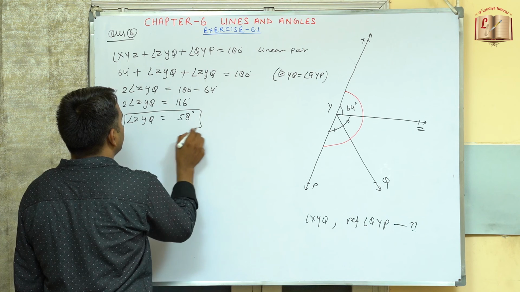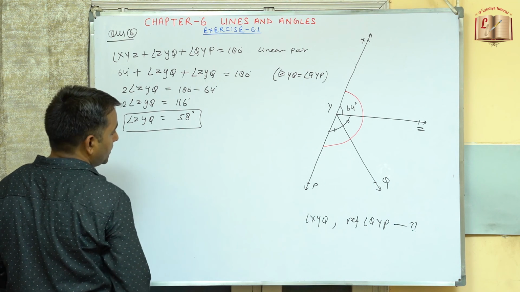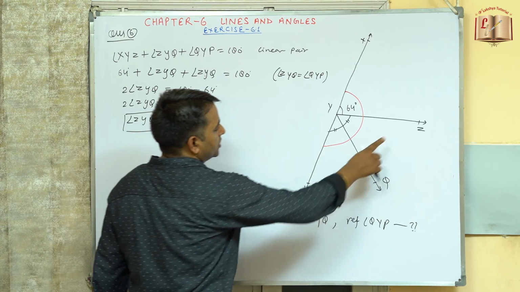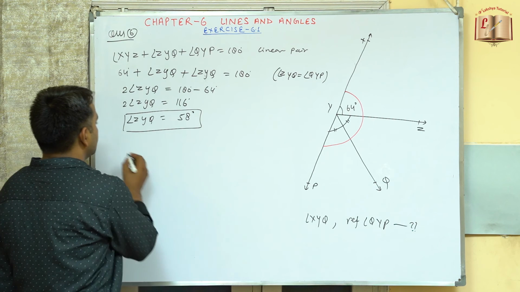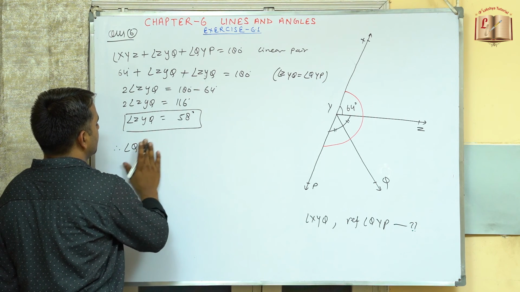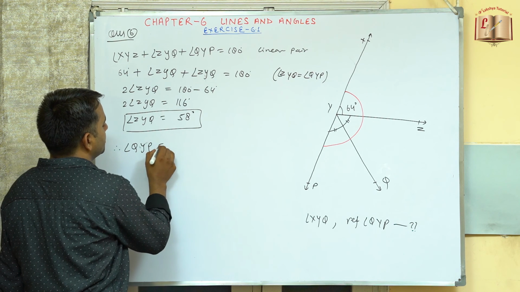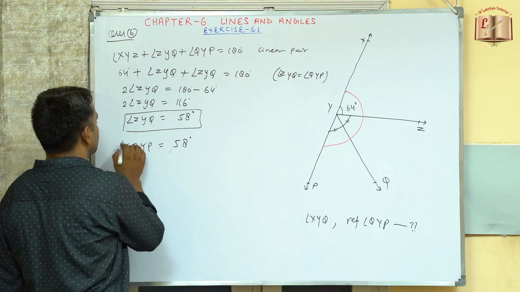So we got angle ZYQ as 58 degrees. ZYQ and QYP both are equal, so angle QYP is also equal to 58 degrees.